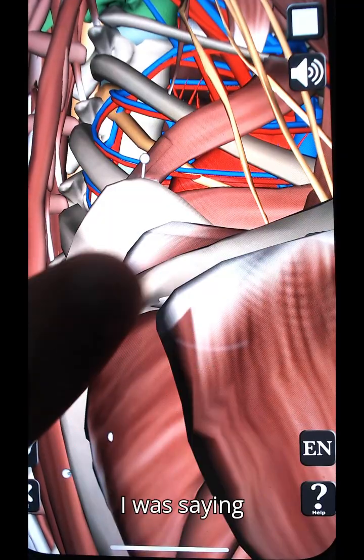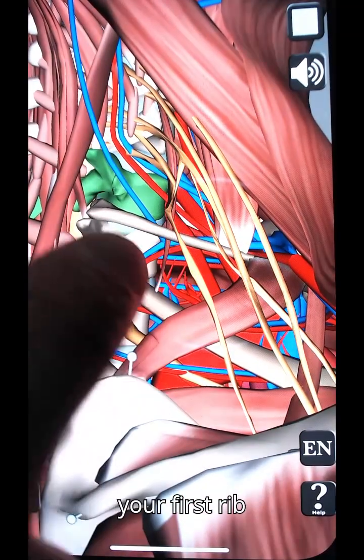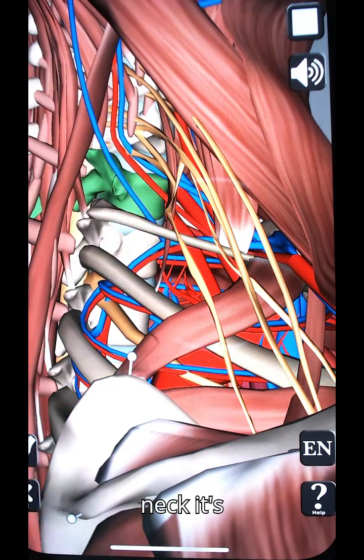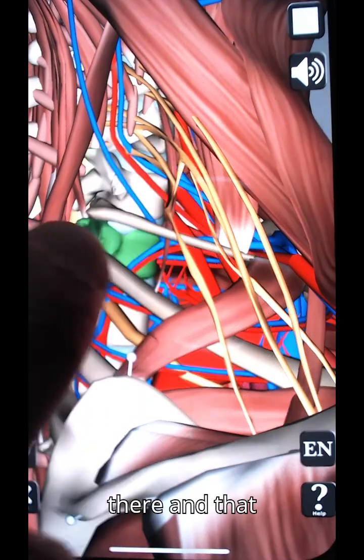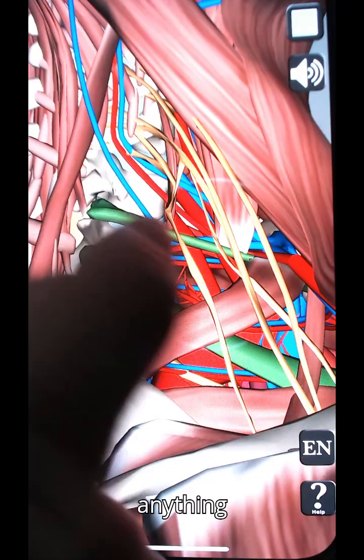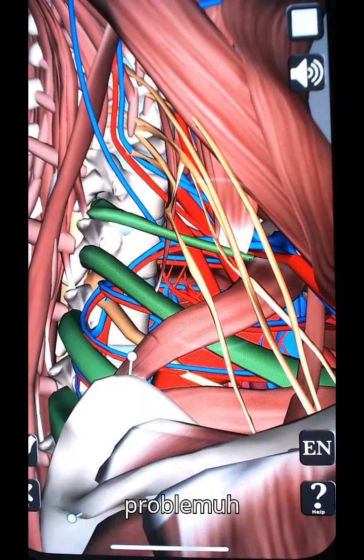Remember when I was saying that your first set of ribs can affect your neck? It's because of that. That's your C7 right there, and that right there is your T1. So that first rib, anything attaching to that first rib, that can cause you to have a problem.